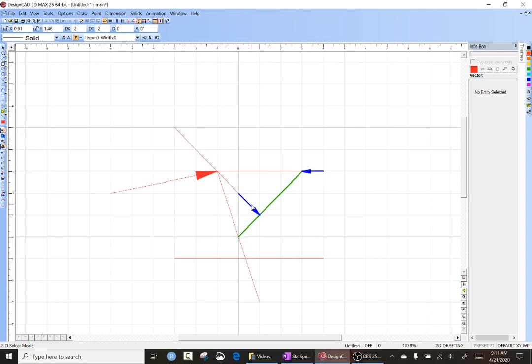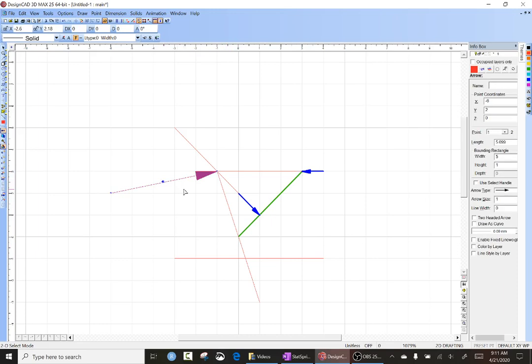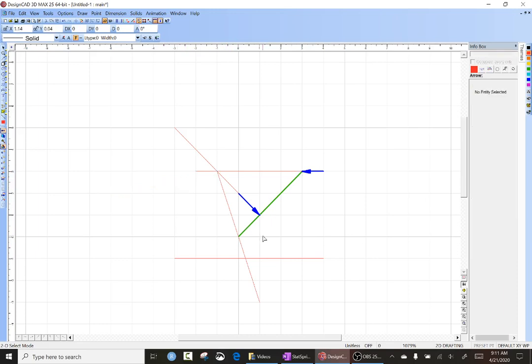So everything is to scale as far as the vector lengths are concerned. The geometry, the length of the beam, the positions of all these points, that is to scale here.